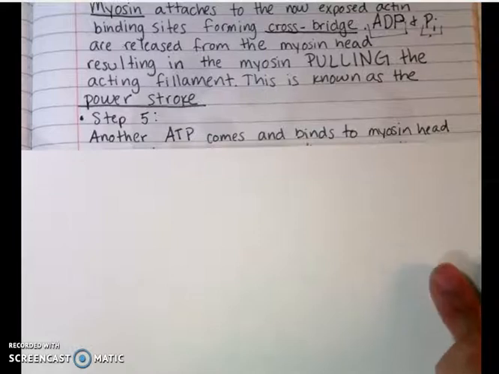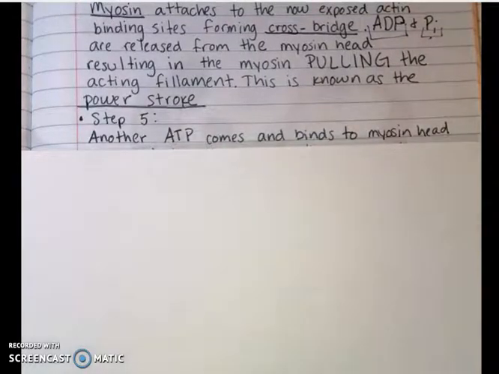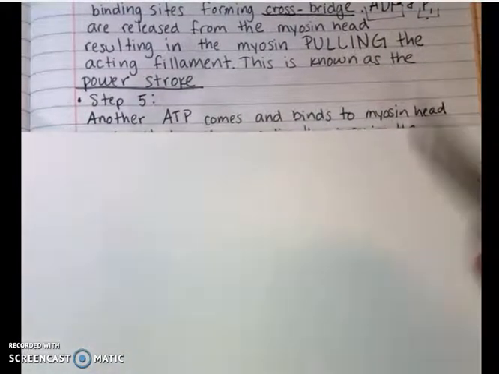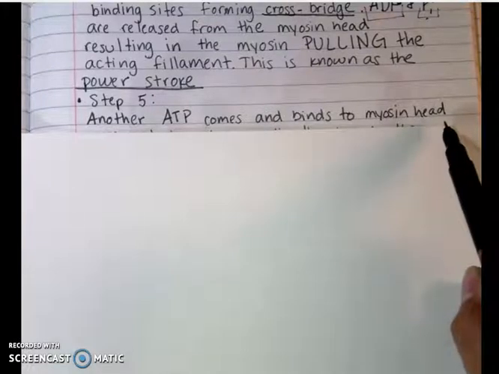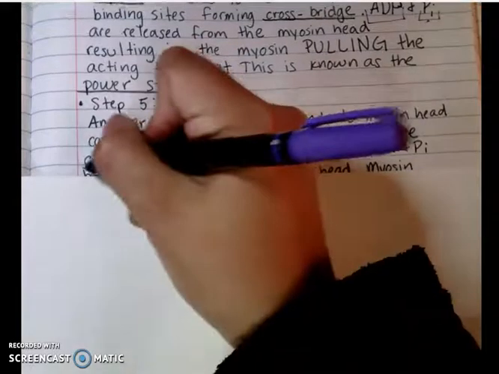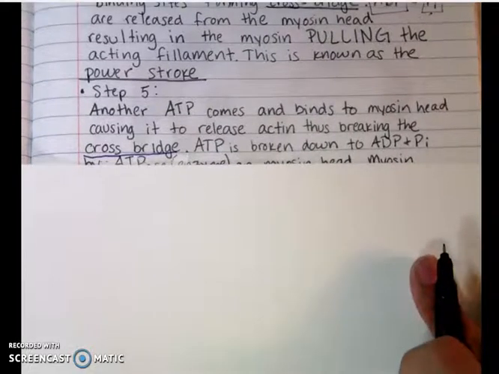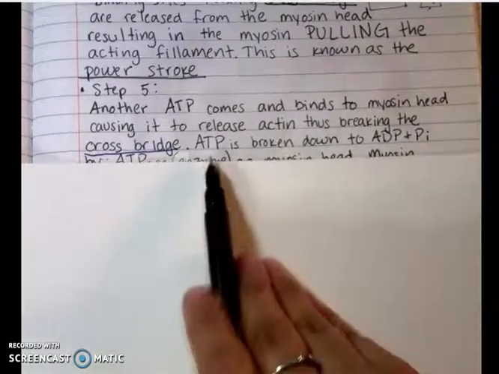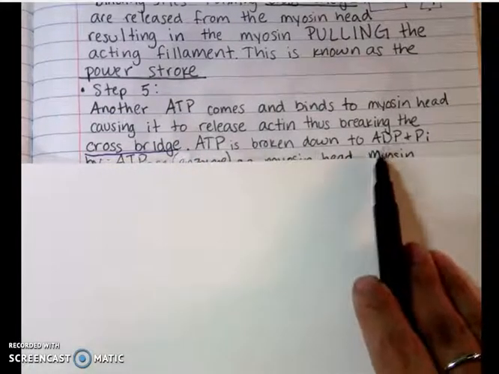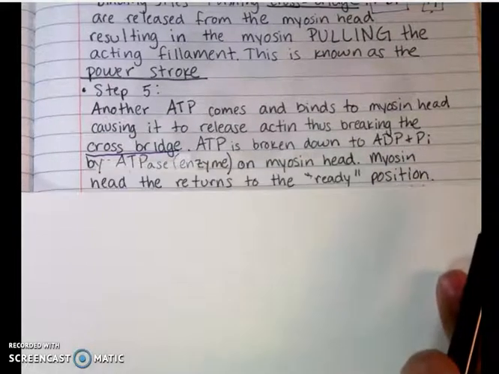So now, after the actin was pulled closer towards the middle, another ATP is going to come and bind to the myosin head, and that's going to make the myosin release the actin, causing the breaking of the cross bridge. Once the cross bridge is broken, that new ATP that just attached is broken down into ADP, adenosine diphosphate, and inorganic phosphate.